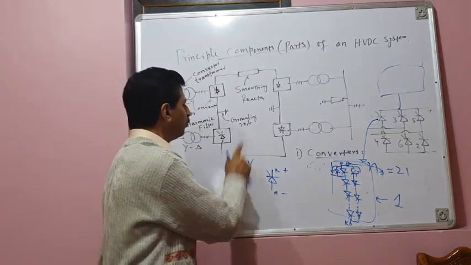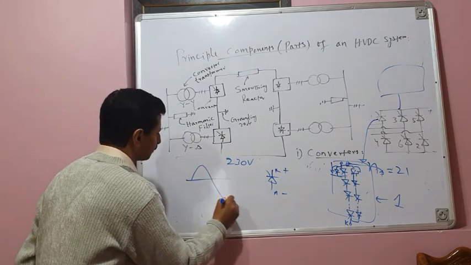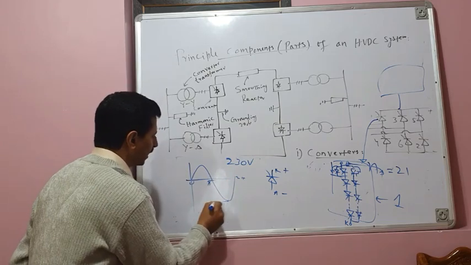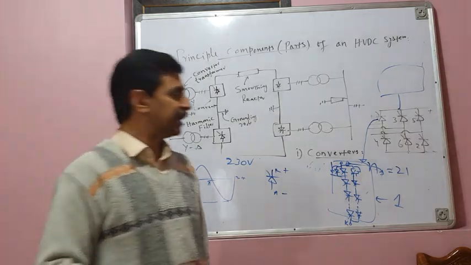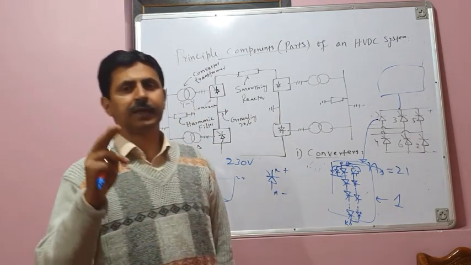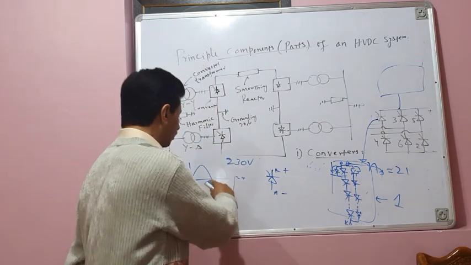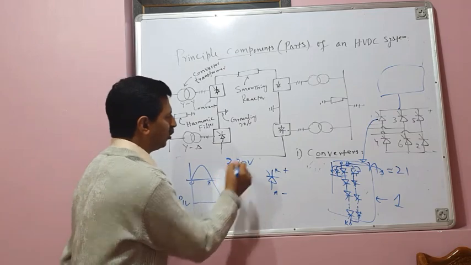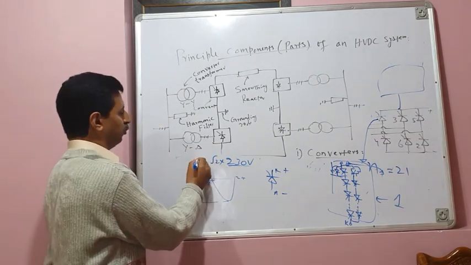And for a 230 volt system, what is the peak inverse voltage? For a 230 volt system, this is 0, pi, 2 pi. This is the peak inverse voltage, PIV. Peak inverse voltage means the thyristor valve should be capable of blocking the peak of the negative half cycle of the voltage. And what is the peak of the voltage? If the RMS value of voltage is 230 volts, its peak is root 2 times 230 volts.